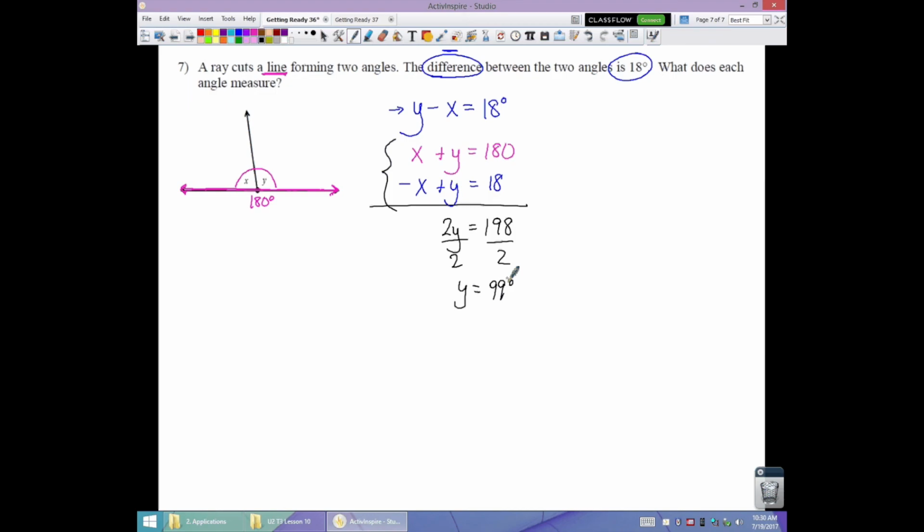Well, substitute the 99 into either of your equations. I'll put it right in here. So x plus 99 equals 180. Subtract 99 on both sides. X is equal to 81 degrees. So this is 81 degrees. This is 99 degrees.